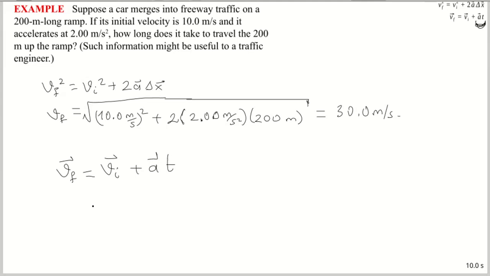Since we now know the final is 30 meters per second, initial is 10 meters per second, and acceleration is 2 meters per second squared, t is the only unknown here. After rearranging, 30 minus 10 is 20, divide by 2, so that gives us 10 seconds.